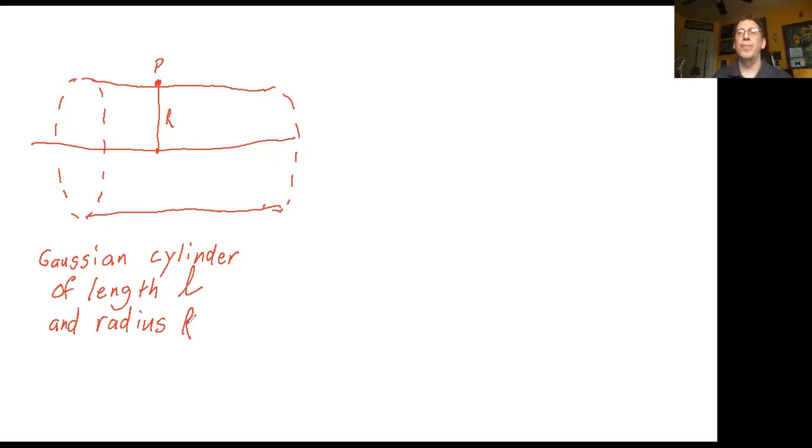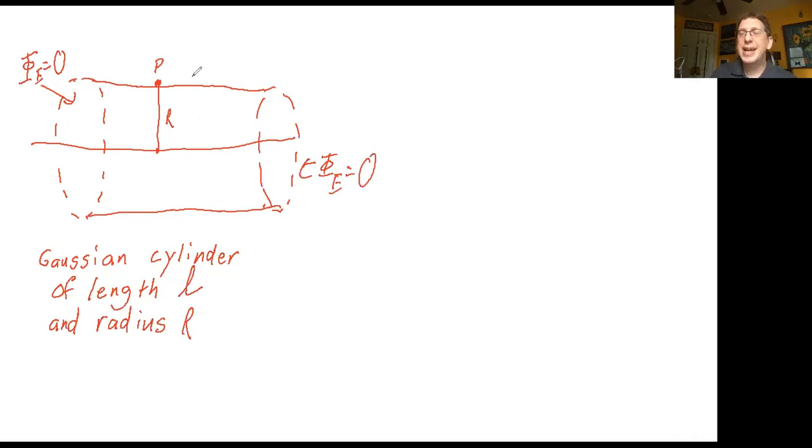So what do we know? Well, we could figure out intuitively that there's not going to be an x component to the electric field, which means on the circular faces of the cylinder, there's not going to be an electric flux. But on the rounded portion of the cylinder, there is going to be an electric flux.